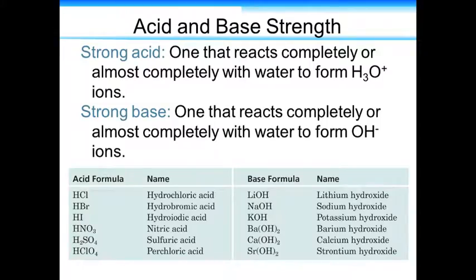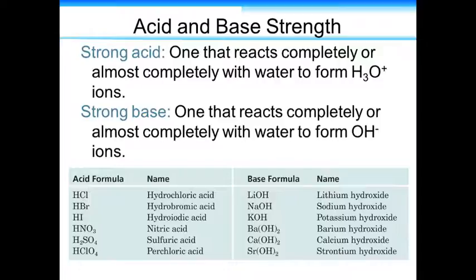When I refer to a strong versus weak acid or base, I'm referring to the degree of production of H3O plus or OH minus. For a strong acid, every molecule of acid you put into solution produces an H3O plus.